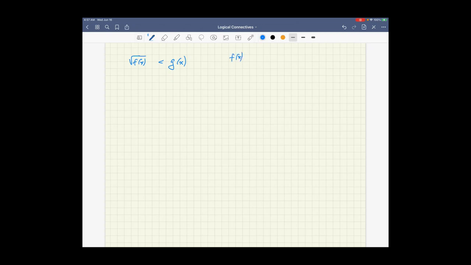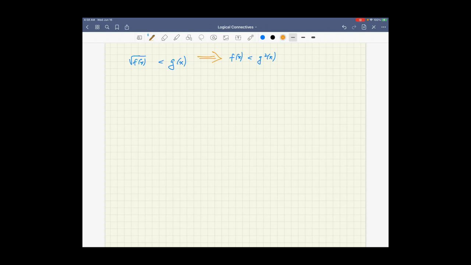If you simply write that f is less or equal than g squared of x, I believe in one direction that's true. But how about the opposite direction? Can you go the opposite direction?